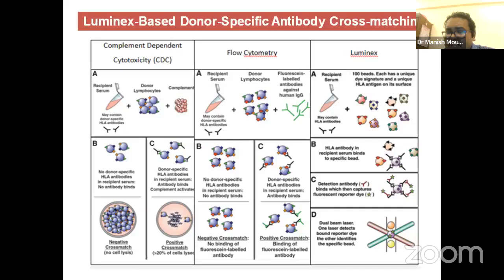So in Luminex DSA, we are going to get specificity about class 1 and class 2. No non-HLA, no other antibody we can observe. So with Luminex DSA, we can avoid false positive results compared to CDC and flow cross-match.